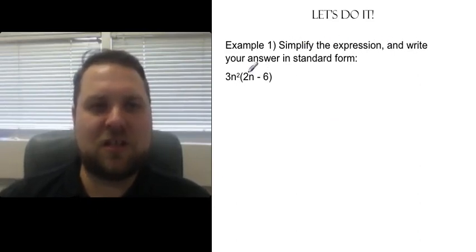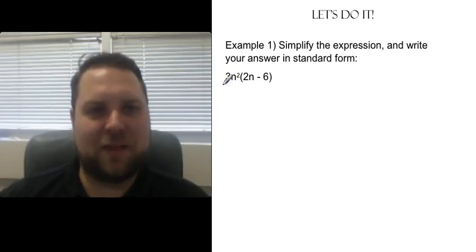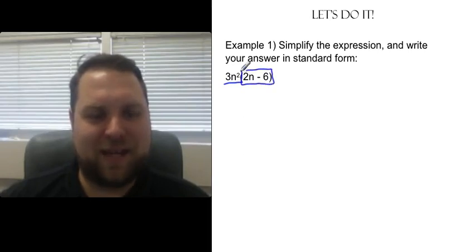Simplify the expression and write your answer in standard form. Don't let that part mess you up where you forget to do that. So here I have a monomial, 3n squared, times a polynomial, 2n minus 6, but really when I come down to it, it's the distributive property.